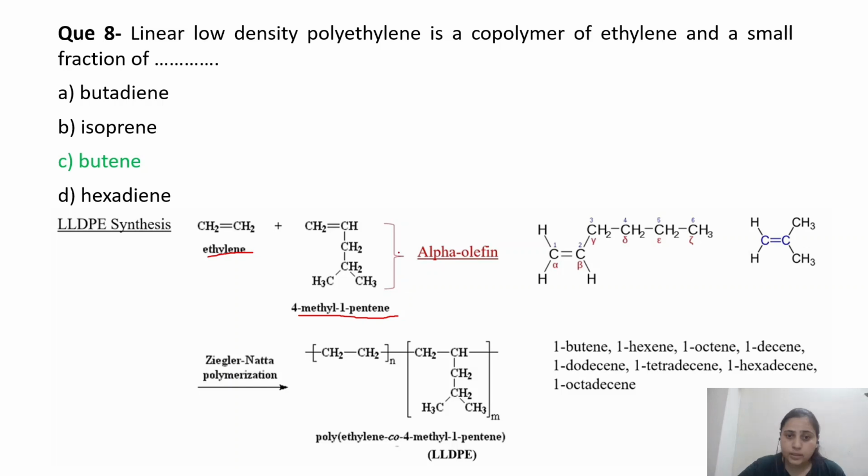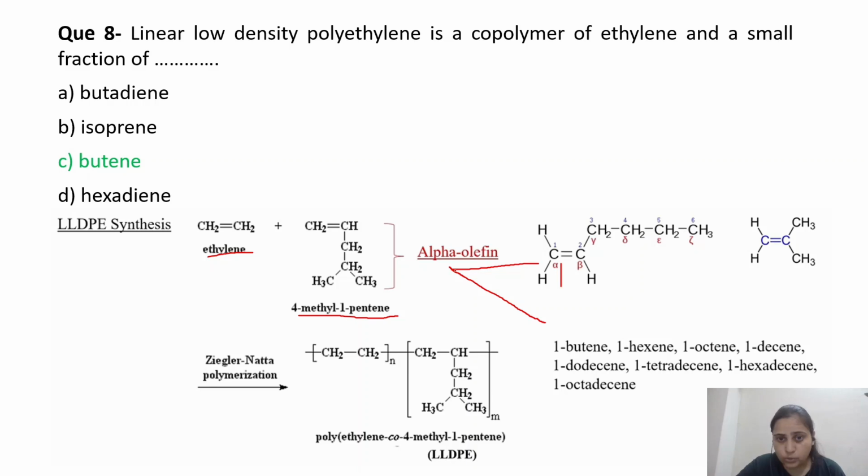So, why is it called alpha olefin? It is called alpha olefin because at its alpha carbon, we can see there is this double bond. So these are called alpha olefins.